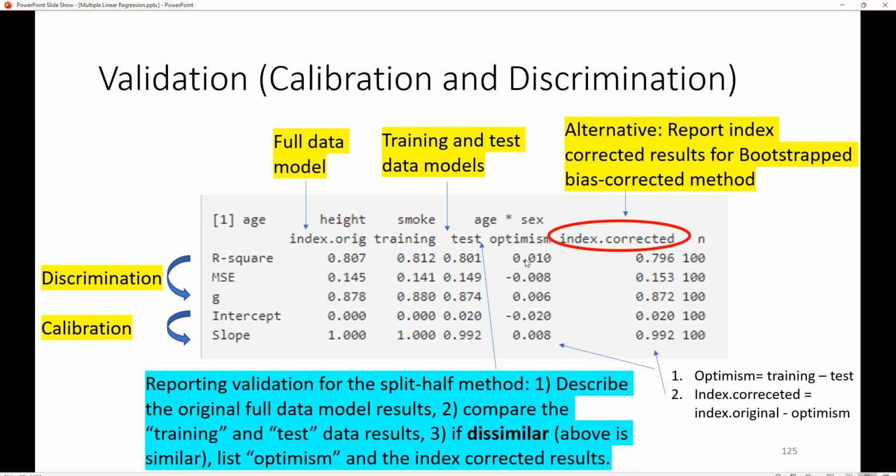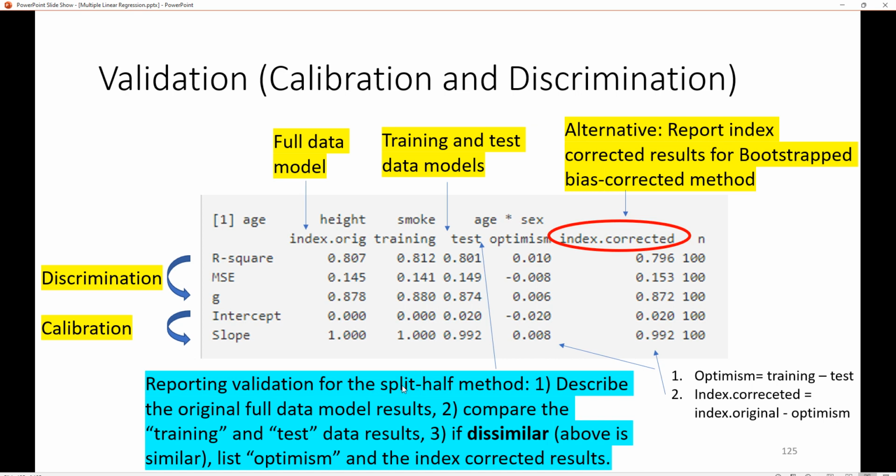And then you subtract that 0.01 from your original R square, which is 0.807. And so that comes out to be about 0.796. So that's our bias corrected validated R square.